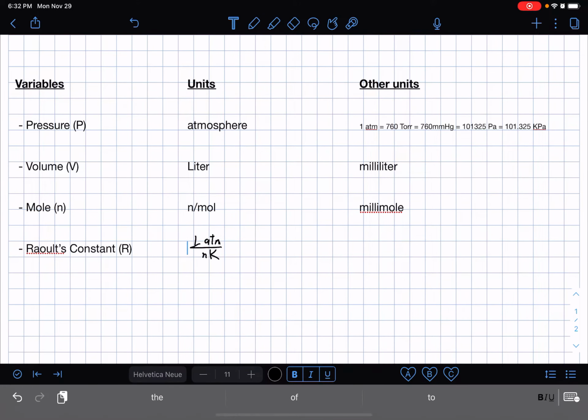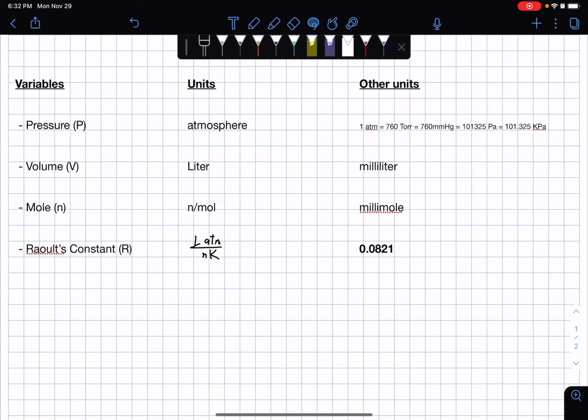I'll discuss more about temperature later. And we have to take note of this. This is the one that I've been saying a while ago: 0.0821 L·atm over mol·K. We'll just copy paste this.